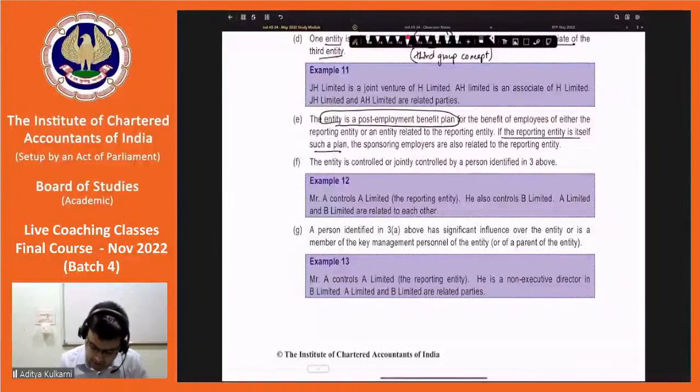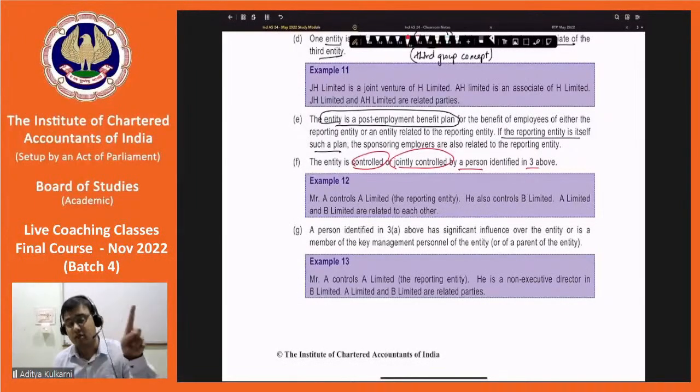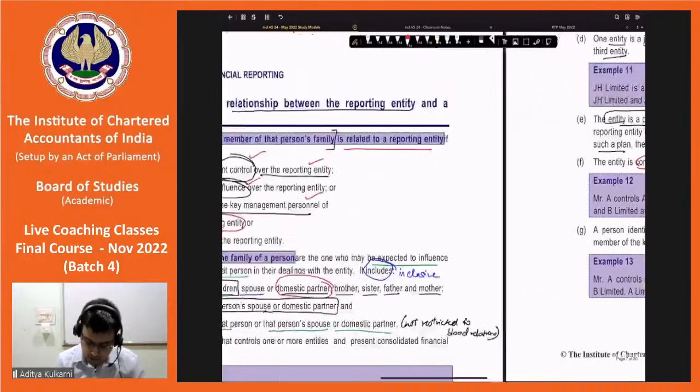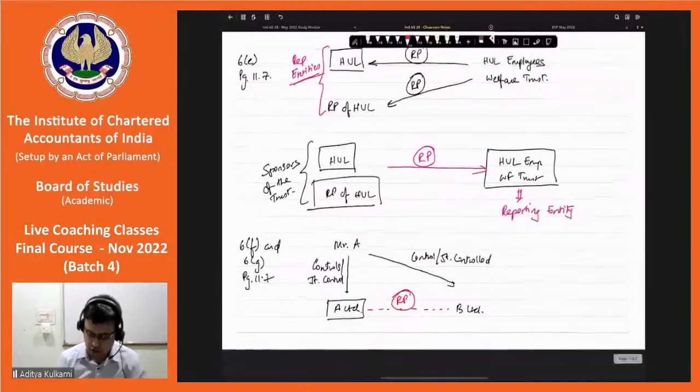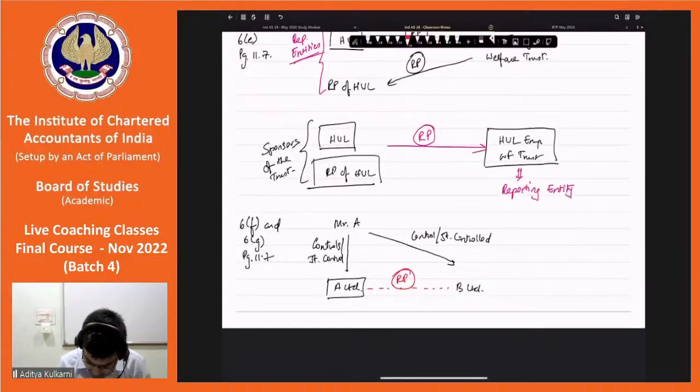Okay. So when the entity is controlled or jointly controlled by a person identified in 3 above. 3 above means who? A person or even a close member of that person's family. Okay. So it could be possible that now I just modify this.